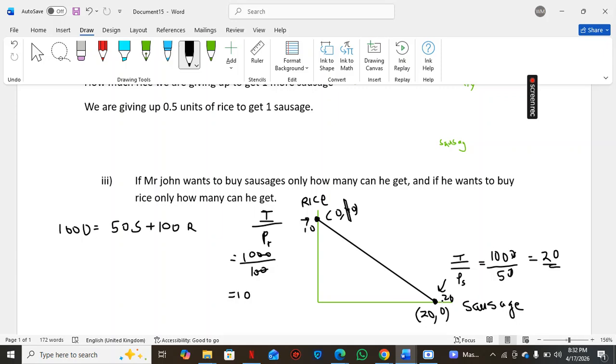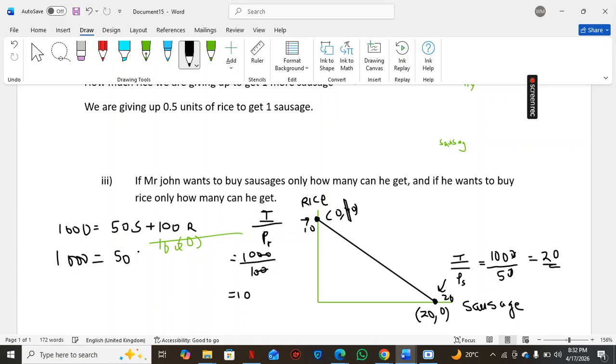So if you only want to buy sausage, it means you're buying zero rice. So if you substitute rice with zero here, this 100R goes away. Then you remain with 1,000 equals 50S.